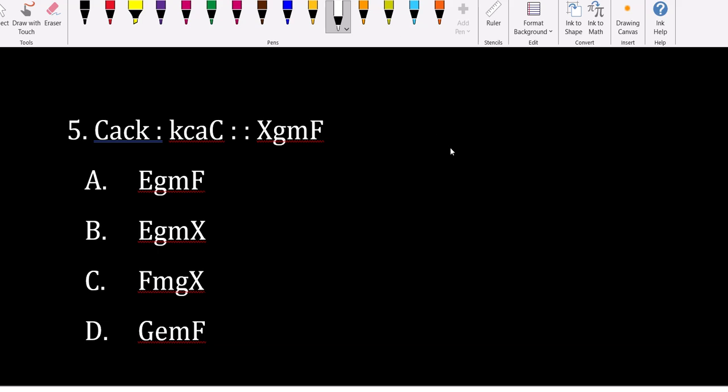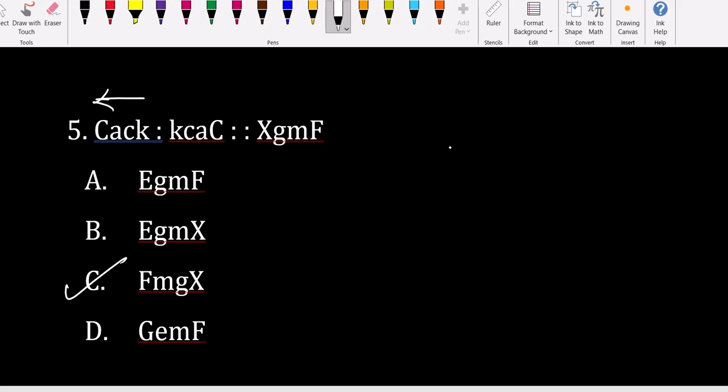Analogy related to letters. Focus and let me know. Letter related analogy. Option C. The logic is, do they change the capital letter to small letter like that? No. What actually did they do? They retain the same thing as it is, in reverse. Whatever is on the left side, they write back to front.